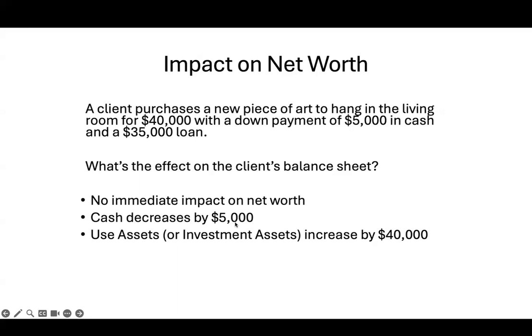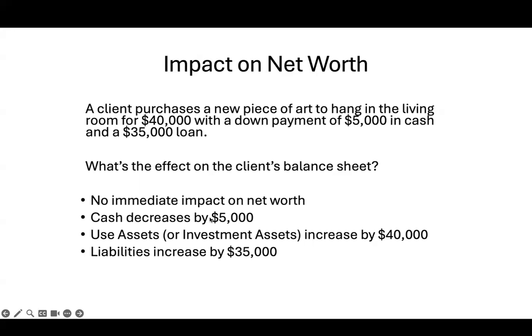Okay, so we have a $5,000 decrease and a $40,000 increase. So the net effect on assets is a $35,000 increase, right? 40 minus 5, $35,000 increase in assets. Liabilities also increased by $35,000 when the client brought on the new loan.